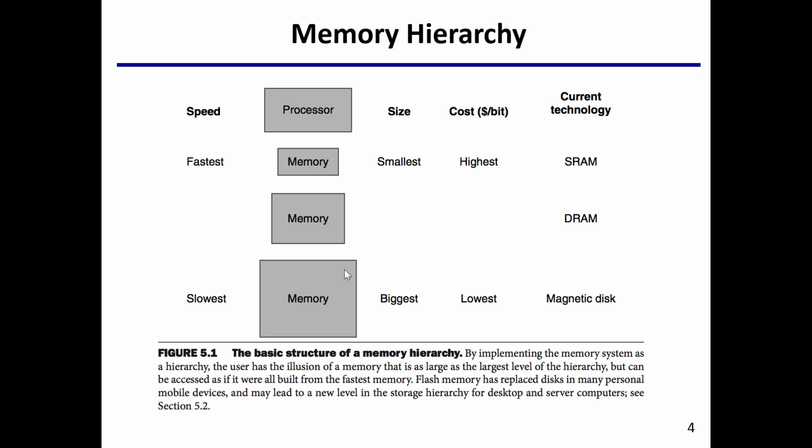And then of course there's magnetic disks, which I don't think anyone uses anymore. And then you've got flash memory, which is becoming more prevalent, not only for storage in phones and such, but also in servers and as storage all over the place.